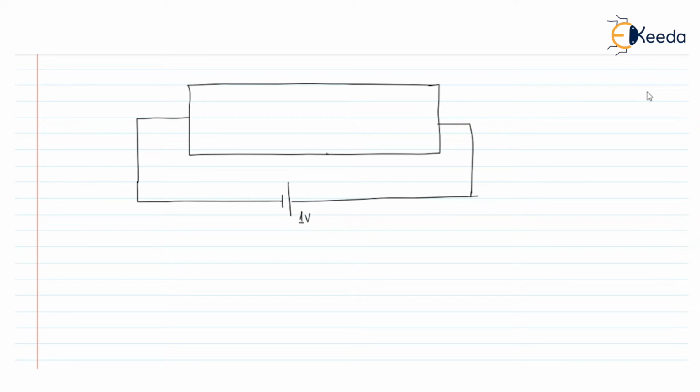In this semiconductor bar, I define 3 points: suppose this is the first point A, this is the second point B, and this is the third point C.